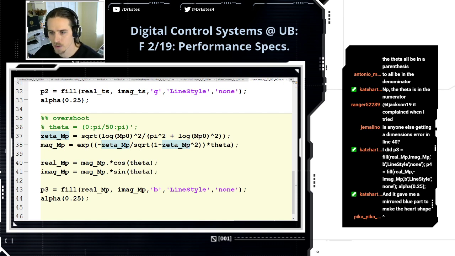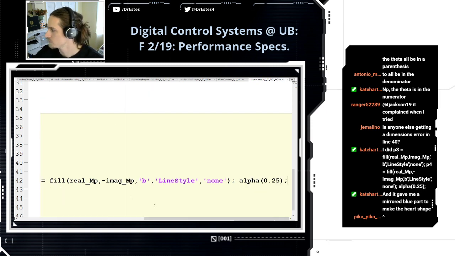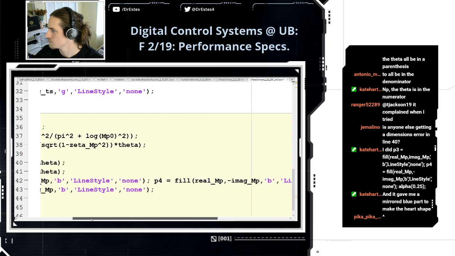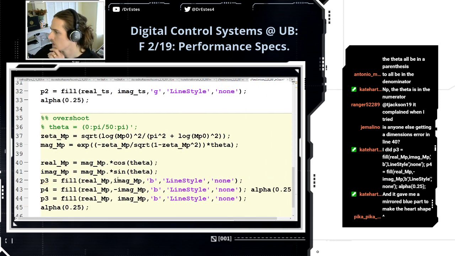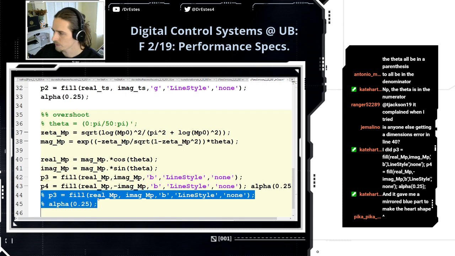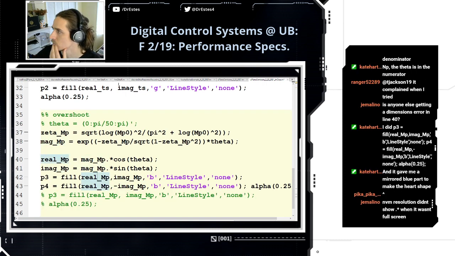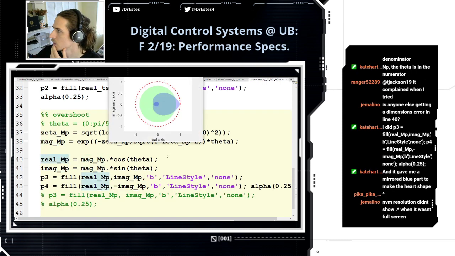Wait, I'm going to steal your code really quick. Oh, so you went, okay. Let's comment mine really quick. Let's run this.